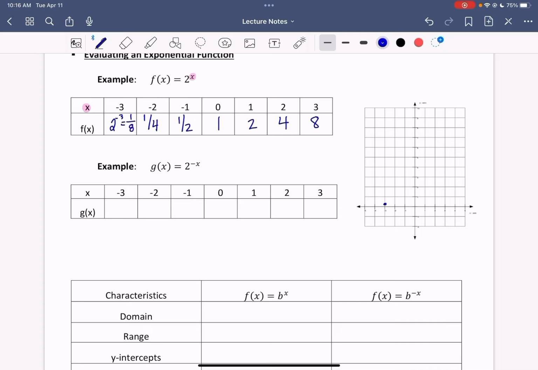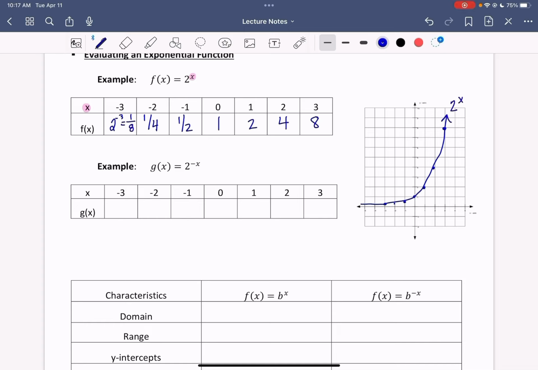And then at x equals -2, we were about at 1/4. A little bit harder to graph, but it'll give us an idea. 1/2, 1, 2, 4, and then 8. So looking at this first curve, this gives me an idea of this being our 2 to the x curve.